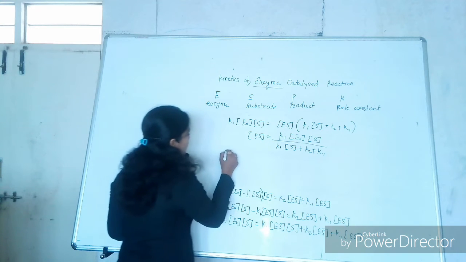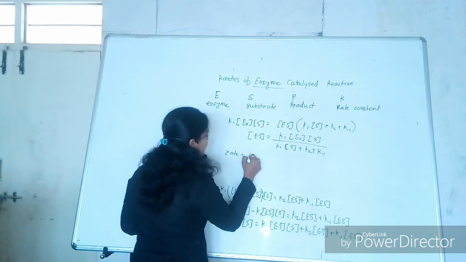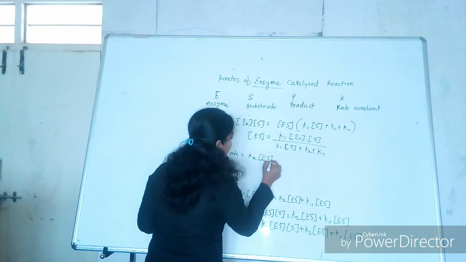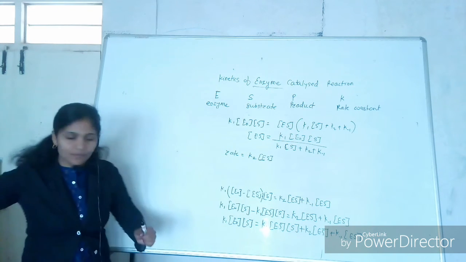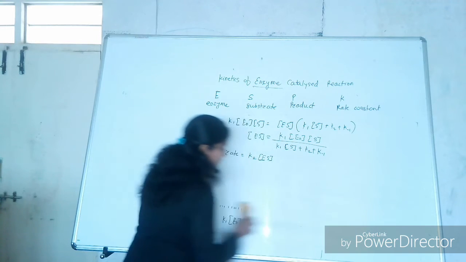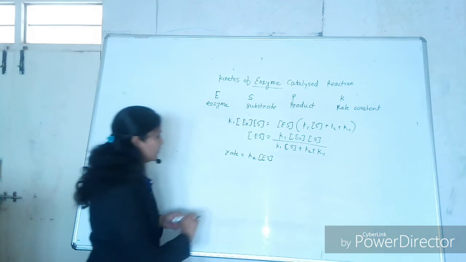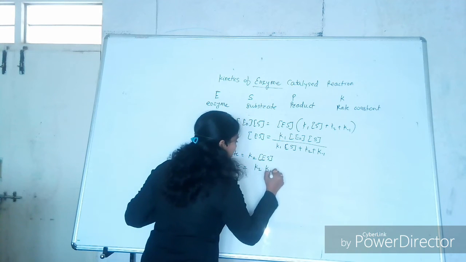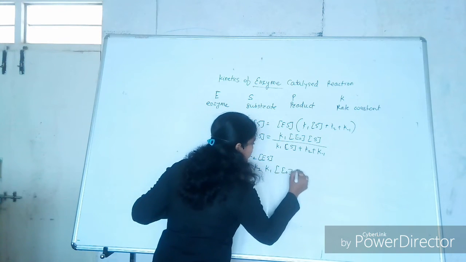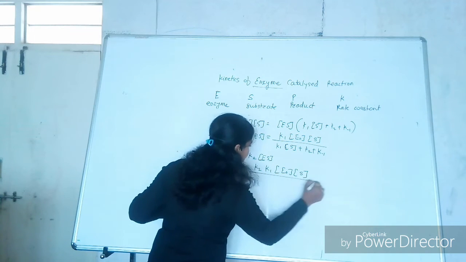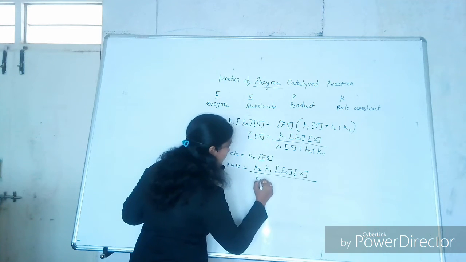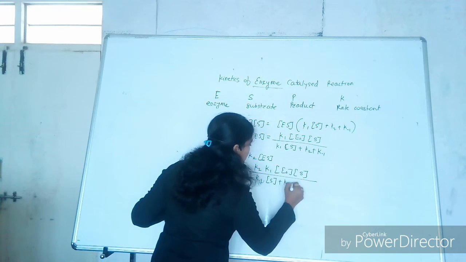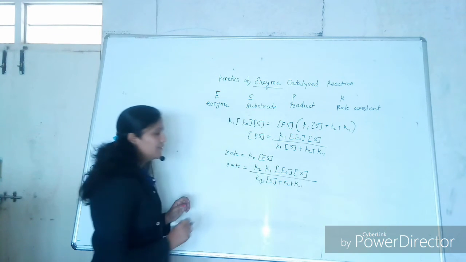So we can calculate the rate of reaction. Rate of reaction is equal to K2 into the concentration of enzyme substrate complex, which we have discussed before. Okay, so rate is equal to K2 into K1 into E0 into S divided by K1 into S plus K2 plus K minus 1.